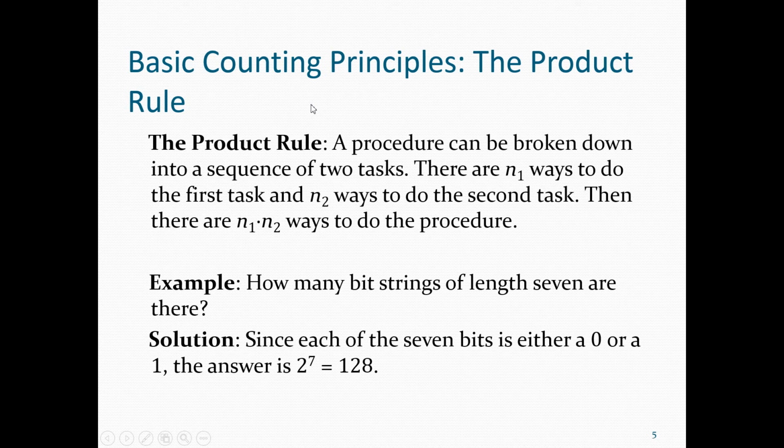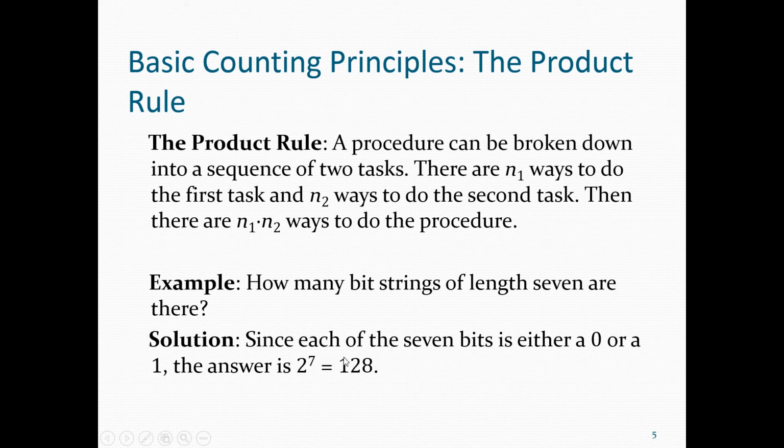First, the product rule. The product rule: a procedure can be broken down into a sequence of two tasks. There are n1 ways to do the first task and n2 ways to do the second task. Then there are n1 multiplied by n2 ways to do the procedure. For example, how many bit strings of length 7 are there?